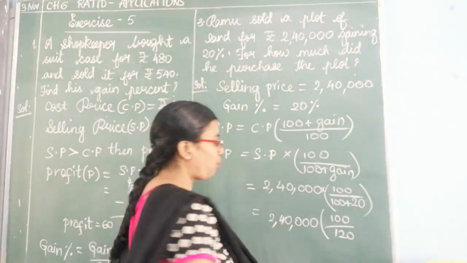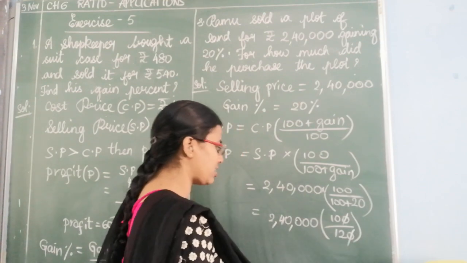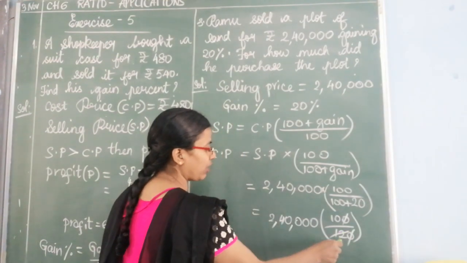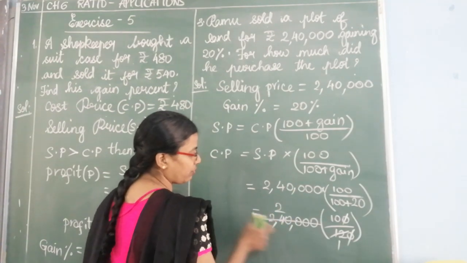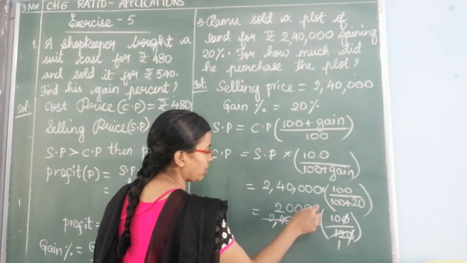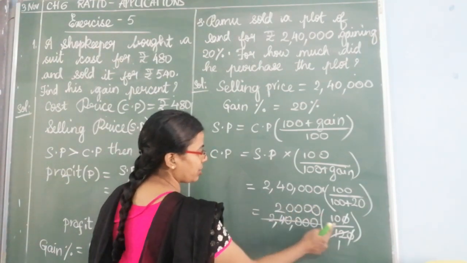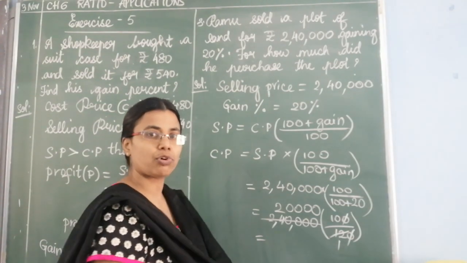You need to cancel. This 0 and 0 gets cancelled. Now 12 is there. 12 ones are 12. 12 twos are 24. Here 1, 2, 3, 4 zeros you need to write. Here 4 zeros into 10 you are doing. So you just need to add one more 0.